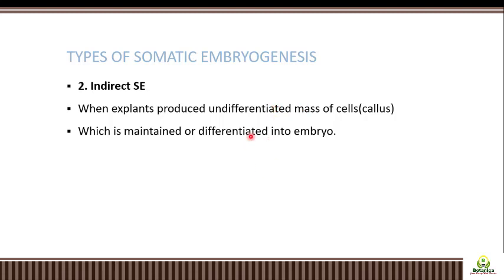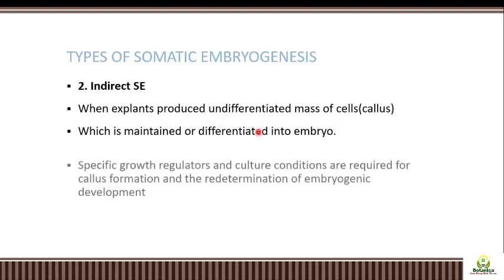First there is a somatic cell which we have isolated, then when we culture it in a culture medium, it forms a callus, an undifferentiated mass of cells. Then we have to give a particular treatment to that callus so that it converts into an embryo and not into some vegetative part. That's why this is called indirect somatic embryogenesis.